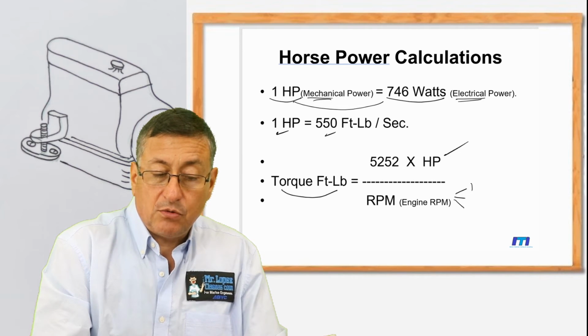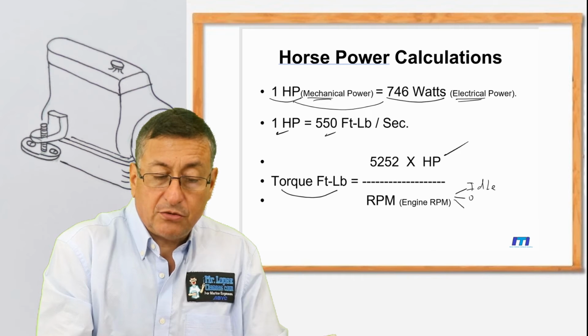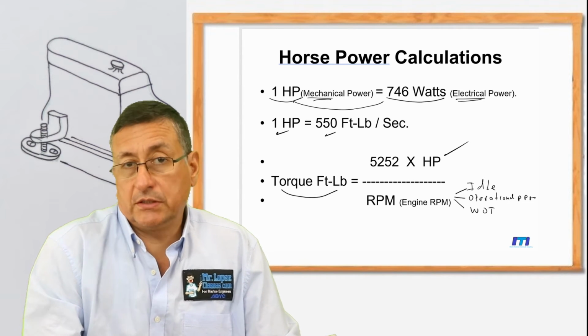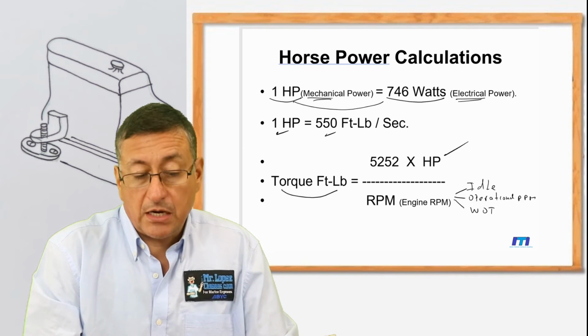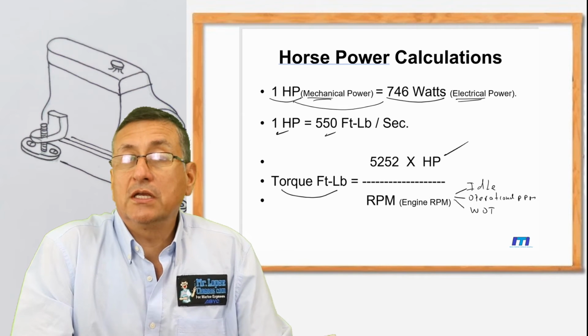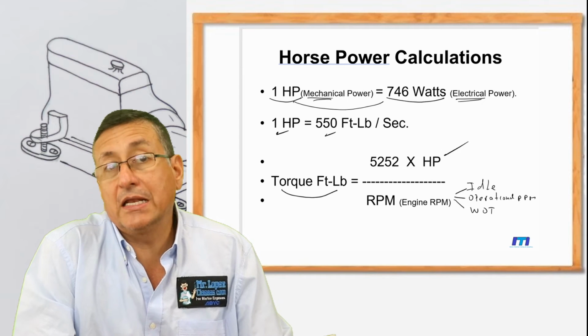We are going to calculate the torque in idle, at the operational RPMs recommended by the manufacturer, and at wide open throttle or full RPMs. Because the wide open throttle is higher than the operational RPM and higher than the idle, the torque in wide open throttle is less than the torque in idle. The maximum torque normally is in idle.